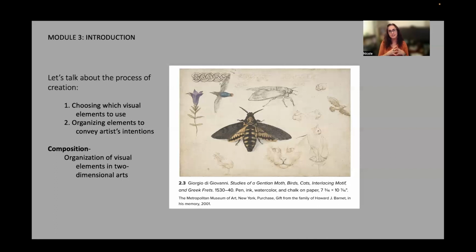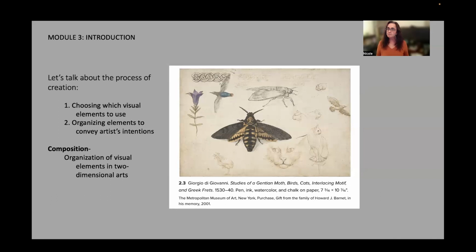I would suggest that it relates to three-dimensional design, to video art, to any of the art forms that we have talked about or will talk about over the course of our time together. And it's interesting to me that composition is also a musical term, right? So if you think about the way a musician or a composer or a conductor might think about arranging all the different elements of the architecture or all the elements of the song, there's a lot of crossover between music terms and art terms.